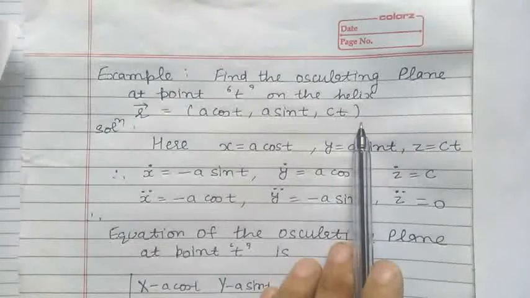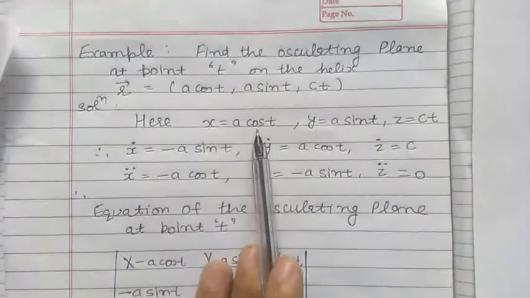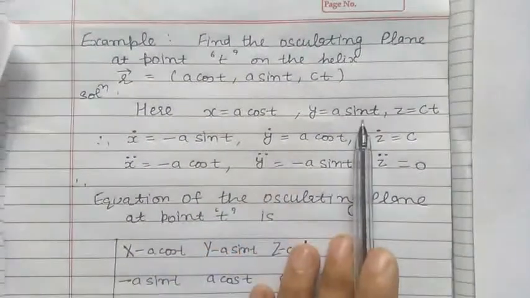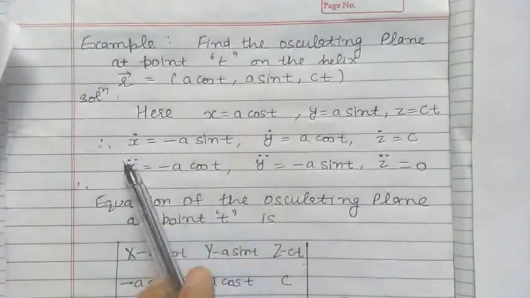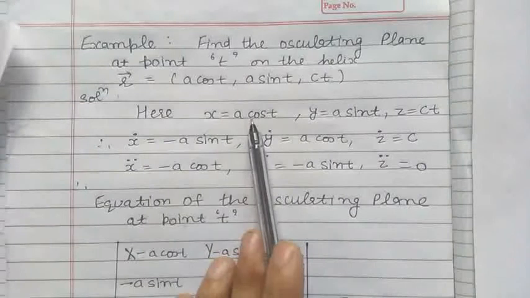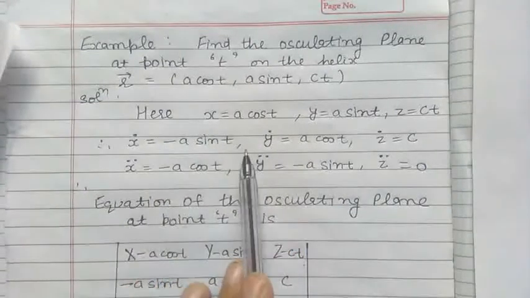Now to find the equation of the osculating plane, let us find their derivatives. Now x is a cos t, y is a sin t, z is ct. So differentiating, x dot: the derivative of cos t is minus sin t, so x dot is minus a sin t.